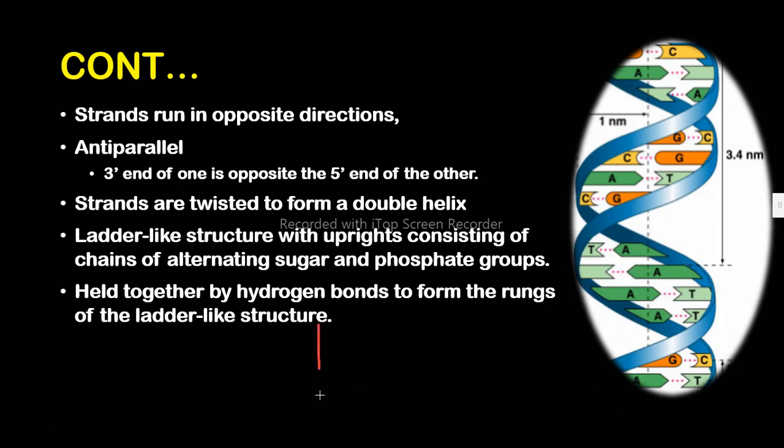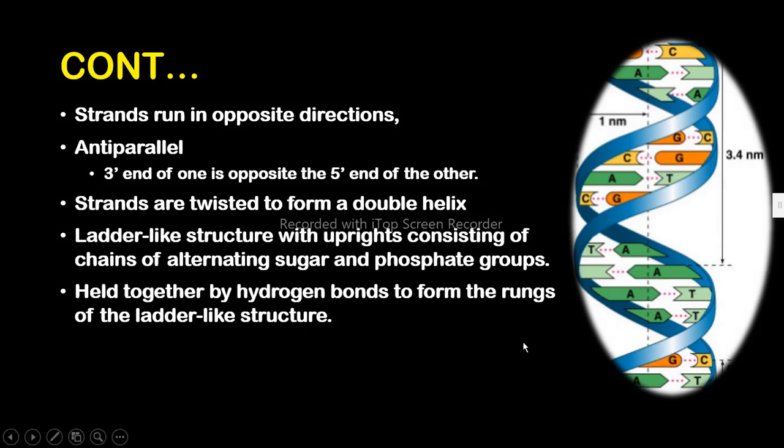If you have your ladder like this, then these that run through are called rungs, and these are pillars or posts. So the organic bases form something like a rung within this ladder. And why? So that you form that stable structure of DNA that is going to hold your DNA molecules close together.